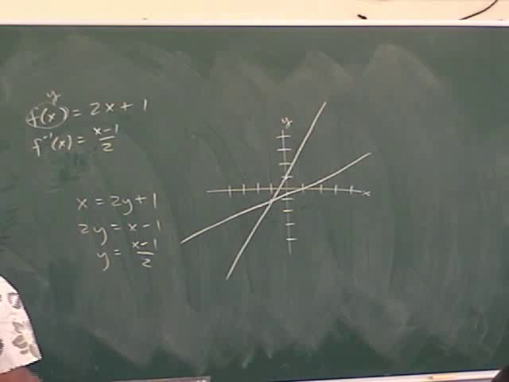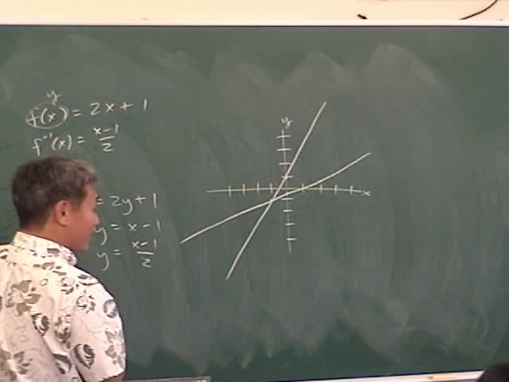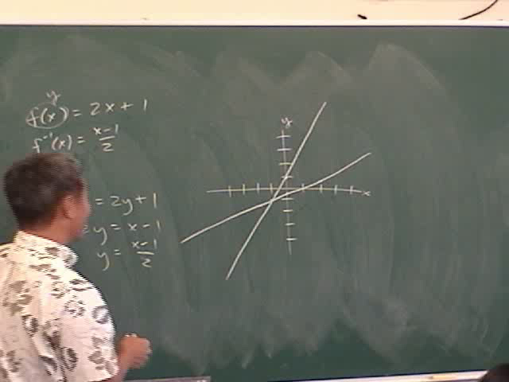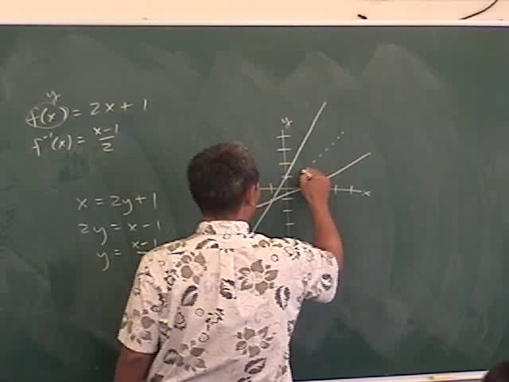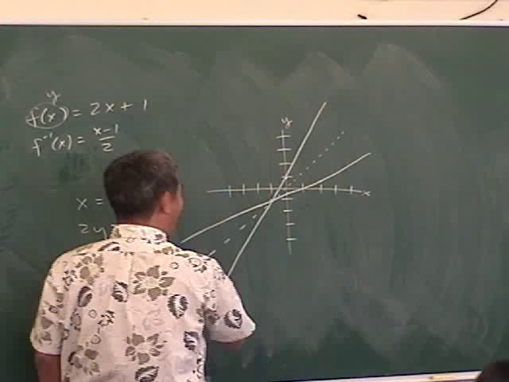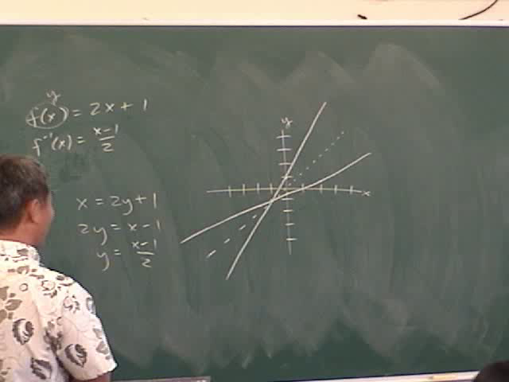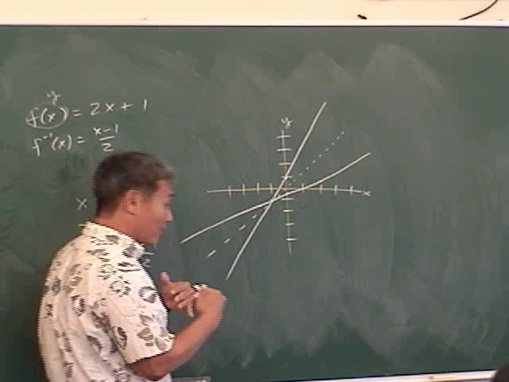And anytime you graph any relation, it doesn't even have to be a function, the graph of the relation and its inverse is always going to be symmetric about the line y equals x. That's one of the properties of inverses, right? Is this all coming back like a bad dream? And this is the most important thing here.